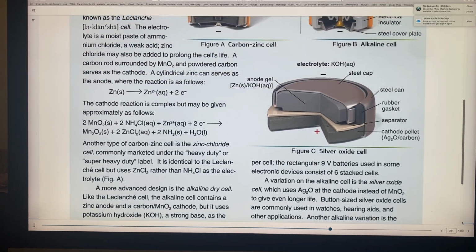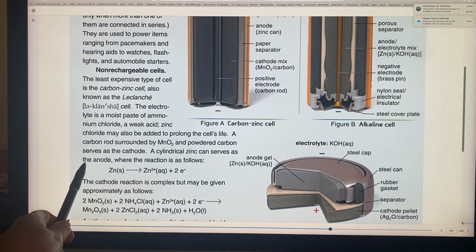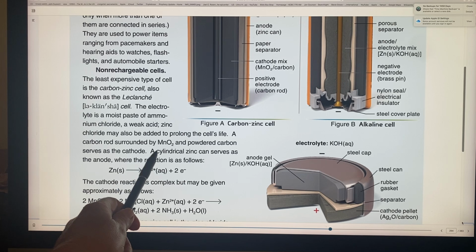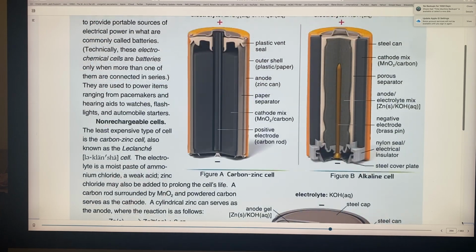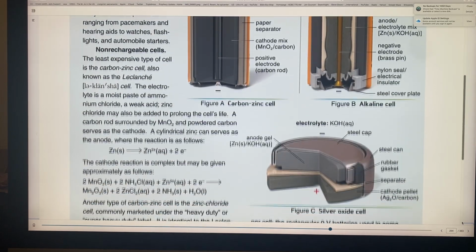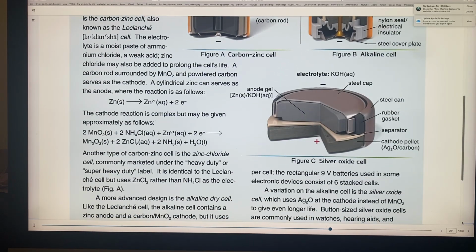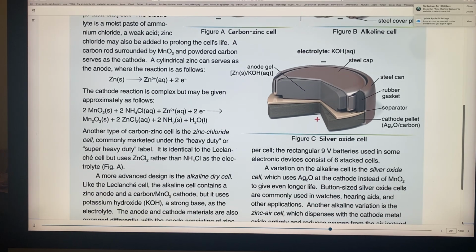This first one, the Leclanche, is actually a carbon rod surrounded by MnO2 and powdered carbon as the cathode. Here's a picture. This is the zinc, and the zinc serves as the container in the midst of it. You can see how it works.